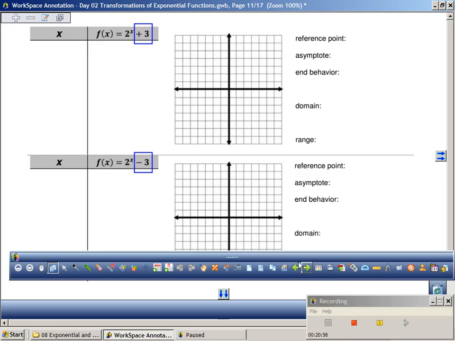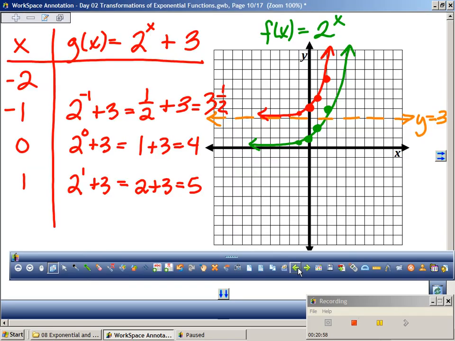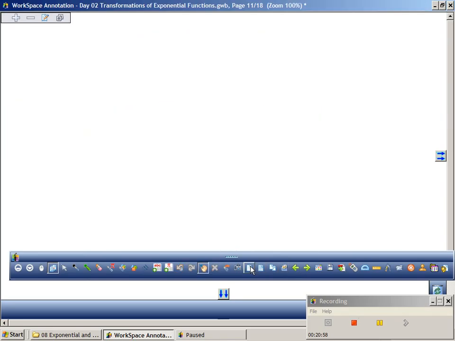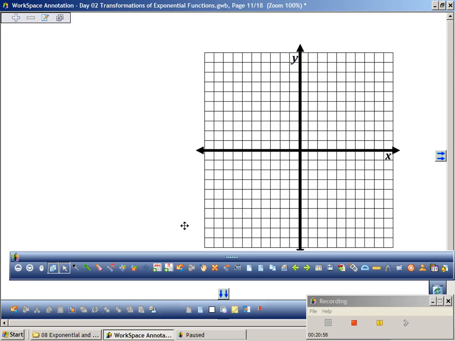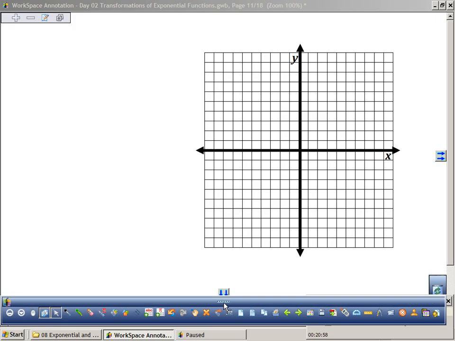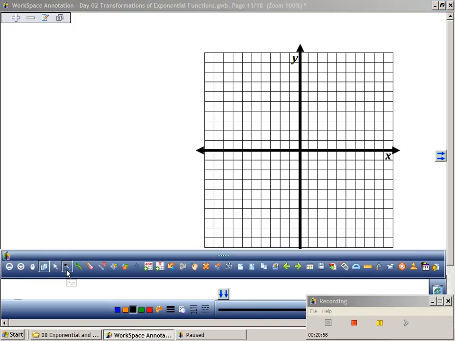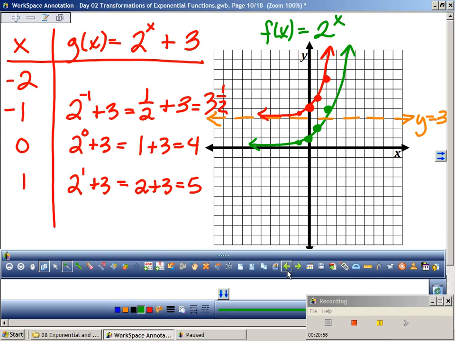Okay, so let's try another one. Let's try 2 to the x minus 3. And I think, again, I'm going to just start my own page here. And I'm going to write our parent graph, which we had in green, right? Was the last one in green?